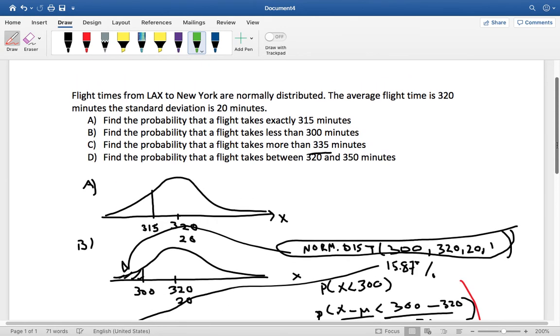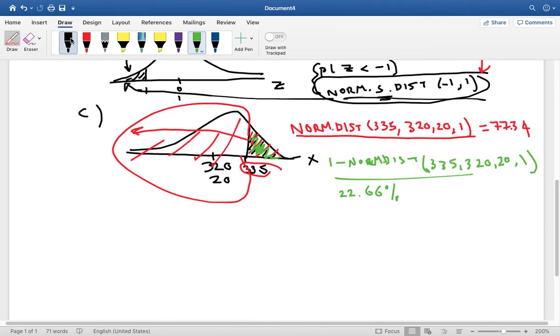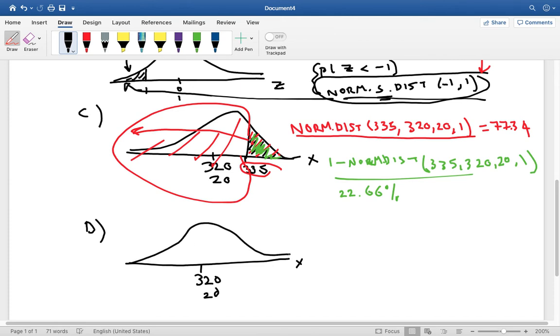And then what's the final part? Find the probability that a flight takes between 320 and 350 minutes. So C, 320 to D, 350. So 320 happens to be right there, and 350 is here.